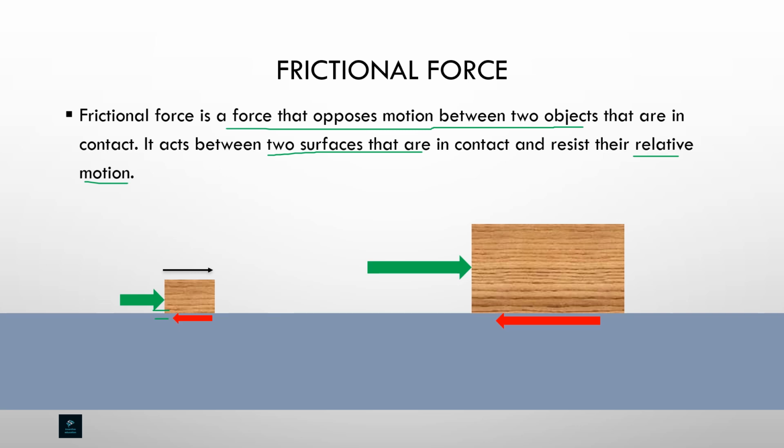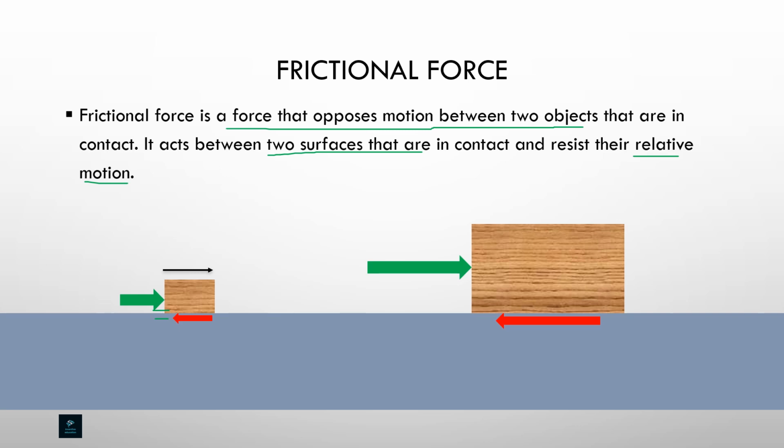All the force that is applied on this crate is spent to overcome this frictional force, resulting in a net zero force on this crate, and therefore this crate doesn't start to move.